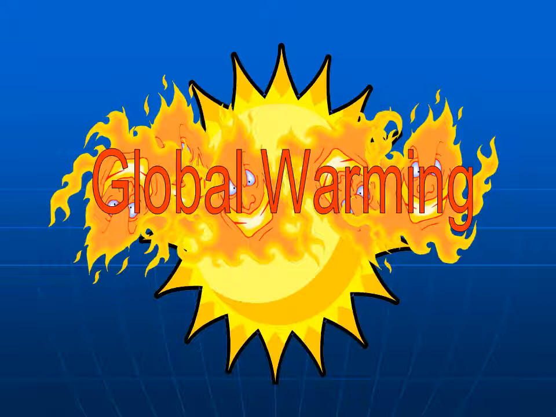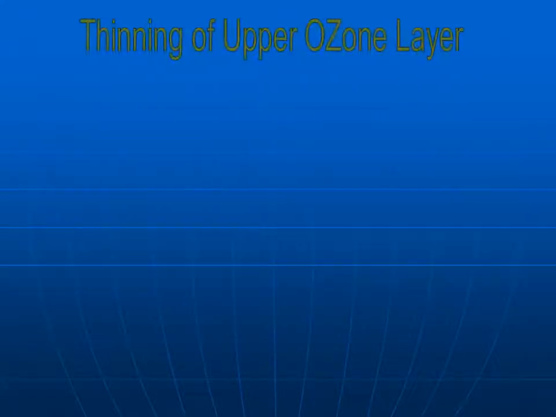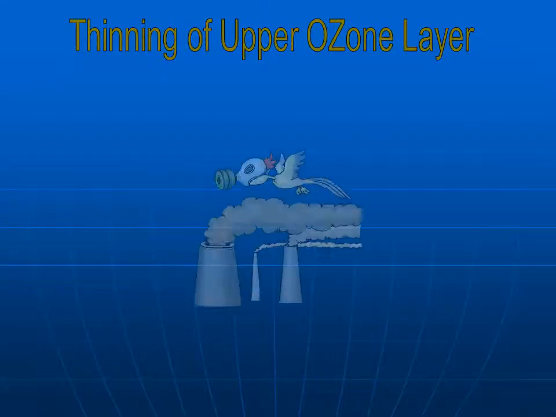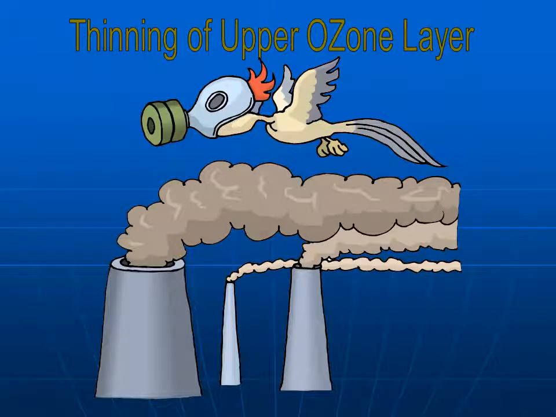It also causes the rise in the sea water level due to melting of the polar ice caps. Another effect is the thinning of the upper ozone layer or the ozone layer depletion.